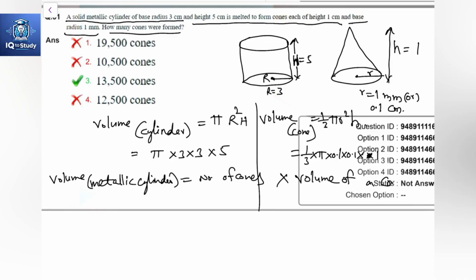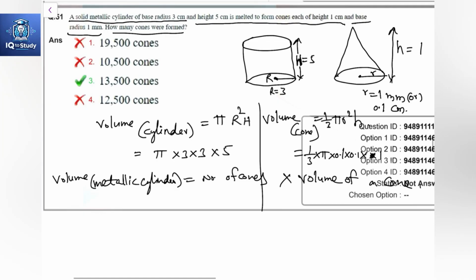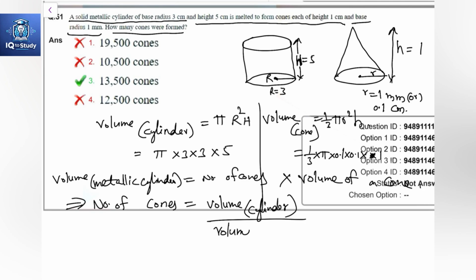We know that from this, number of cones is equal to volume of cylinder divided by volume of cone, which is equal to pi into 3 into 3 into 5 divided by pi into 1 by 3 into 0.1 into 0.1 into 1.